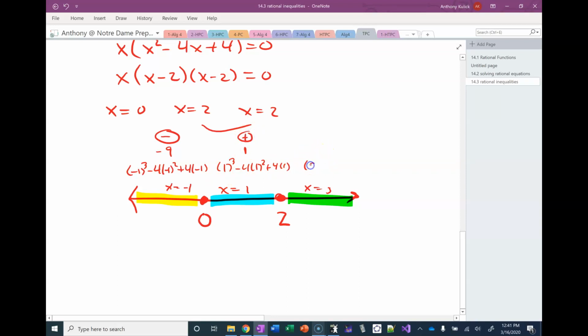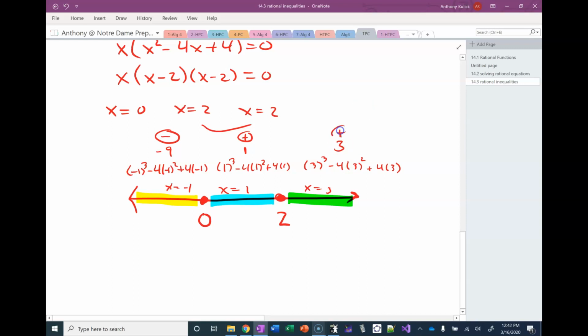And then the last one, 27 minus 36 plus 12 is 3, which is positive.